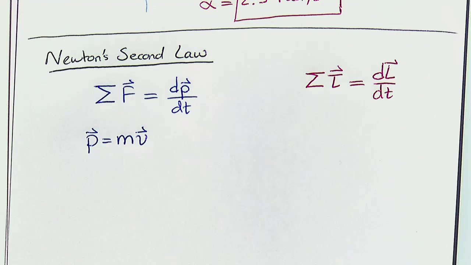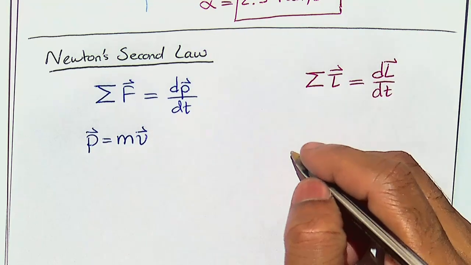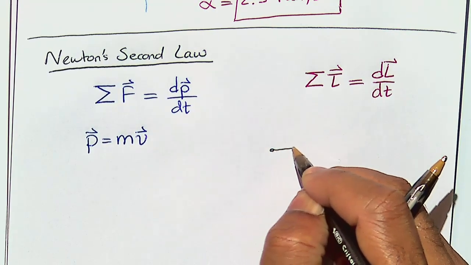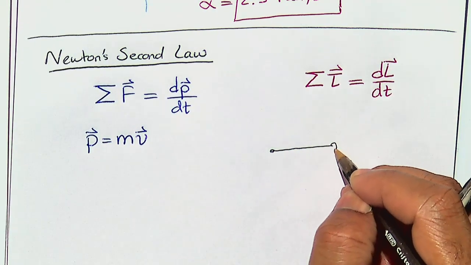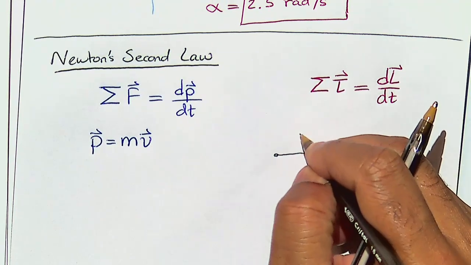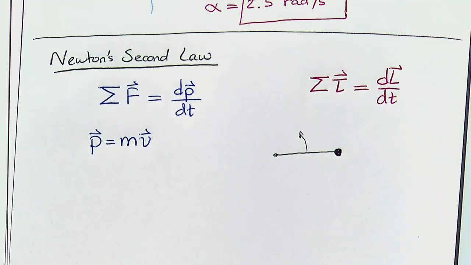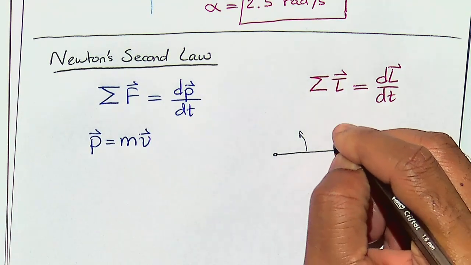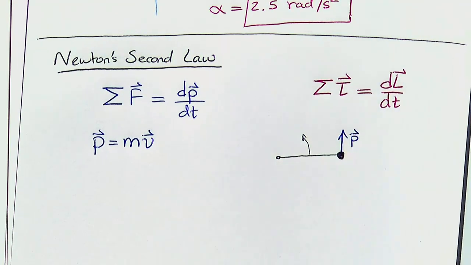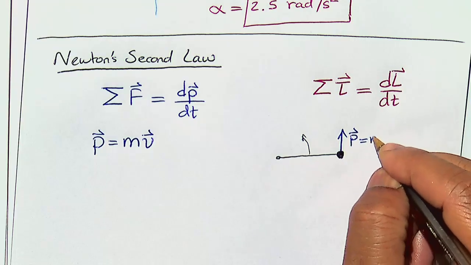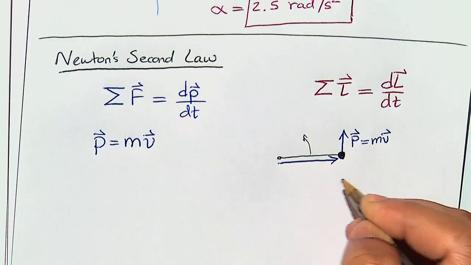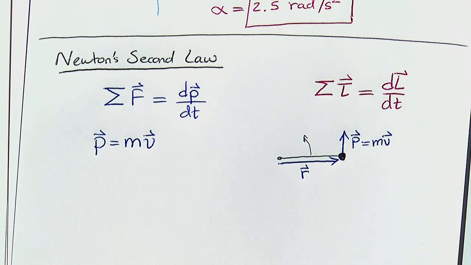Okay? And there are 2 ways to think about angular momentum. One is to think about a case where there's a string, and let's say you're connecting a ball at the end of the string and it's going around counterclockwise, so it's traveling that way. This ball has a linear momentum, a p, because there's a mass times the velocity. It has a tangential velocity at that moment. It also has a certain distance away from the rotation point.